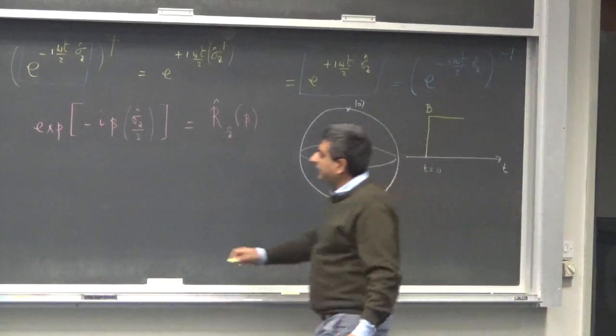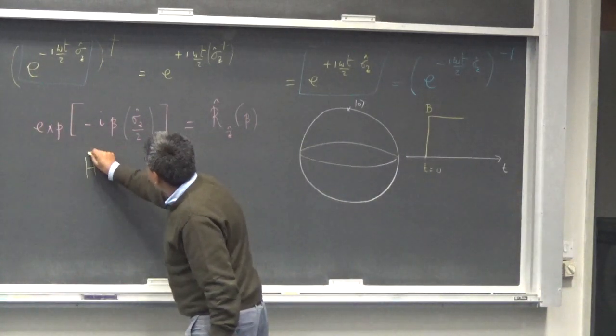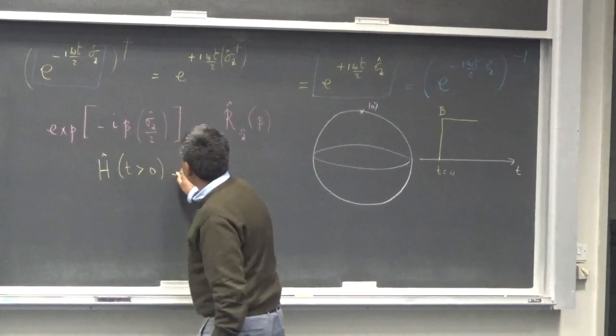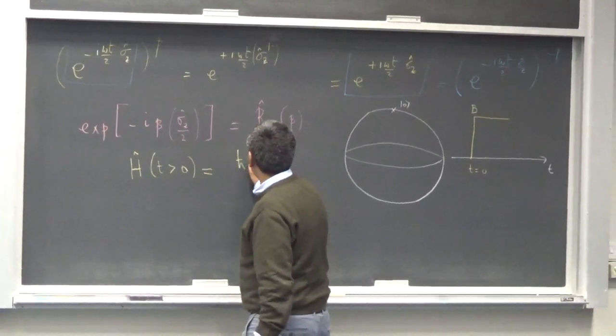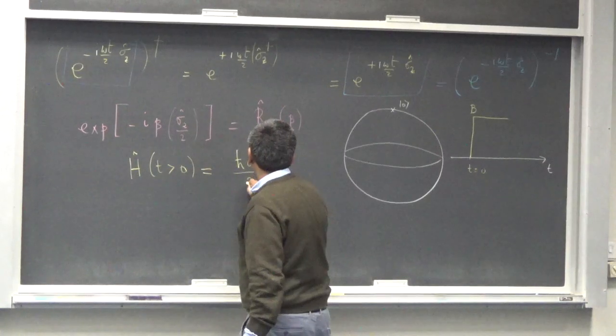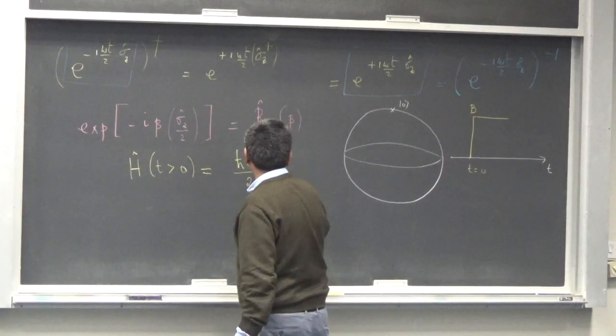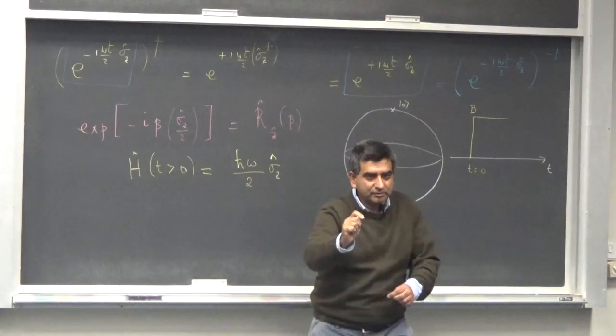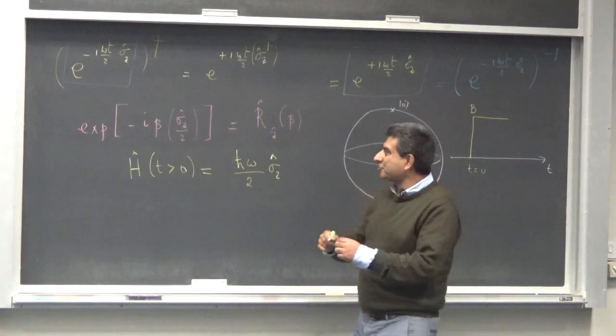That Hamiltonian, for time t greater than or equal to 0, is h bar omega over 2 sigma z. Now this Hamiltonian is switched on.